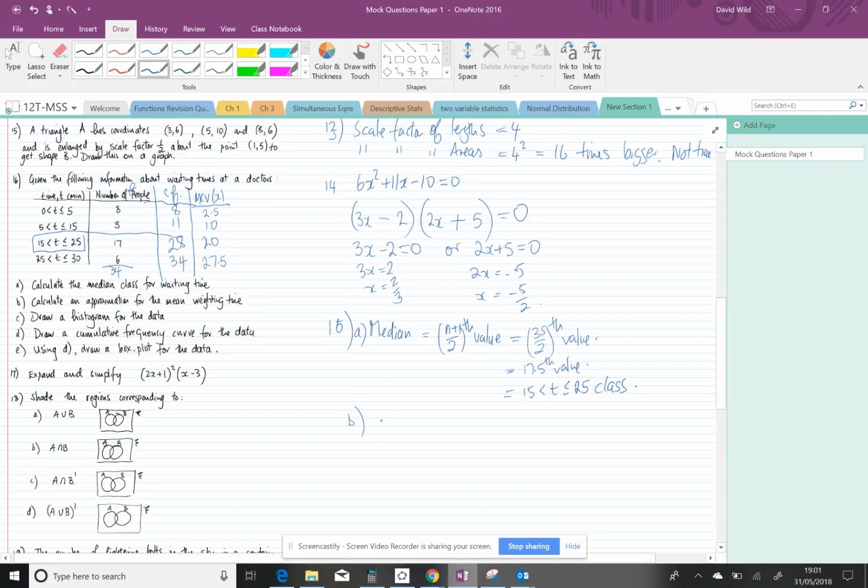So our mean is the sum of, this is our t value, we need our tf values now. So let's work those out.